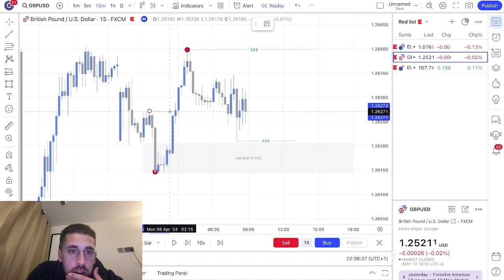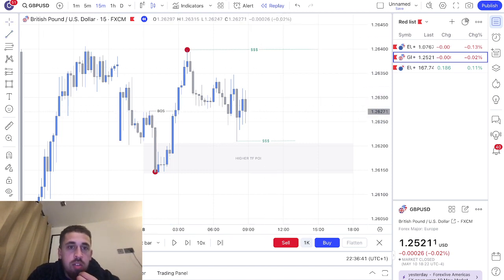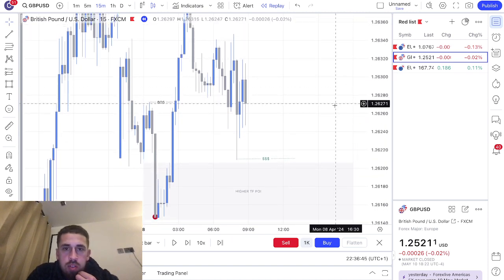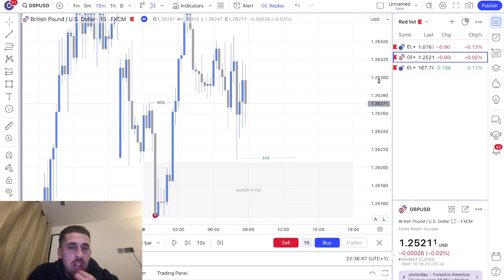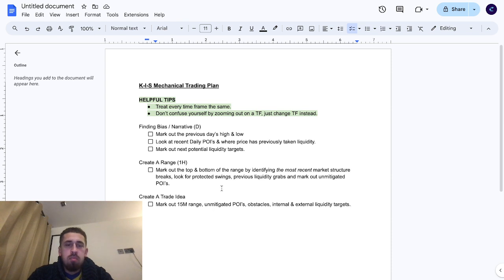Now I wanna start marking out breaker structures as well. What's this line for? Oh, that's where we're at. Okay, so mark out structure breaks.